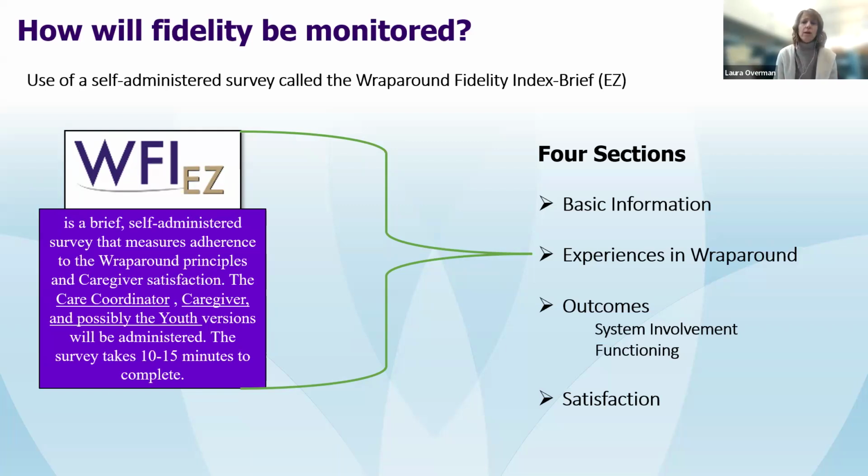It also looks at functioning: how well has the youth been doing or not doing since starting care coordination? Have they caused stress in the household? Are they interacting with others in the household, in the community, in the school or work? And then for the caregiver or adult youth, there is a satisfaction section that looks at their satisfaction with their experiences with wraparound.